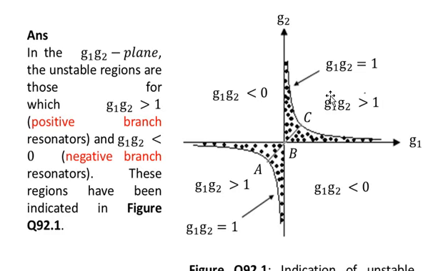Here L is the length of the resonator, and R1 and R2 are the radii of curvature of the two spherical mirrors of the resonator.